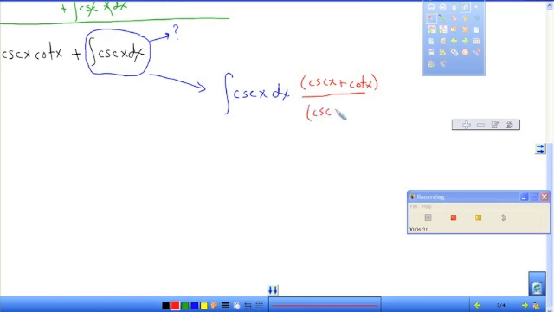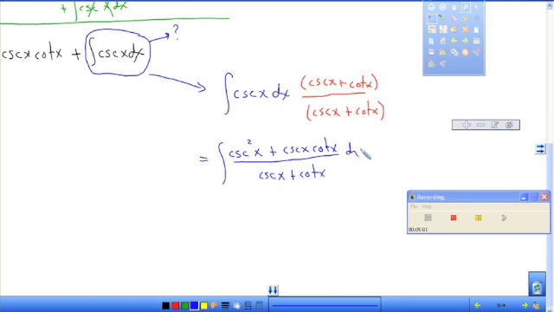When I distribute the cosecant into that numerator, I'm left with cosecant squared plus cosecant cotangent, and in the denominator, I end up with cosecant plus cotangent.